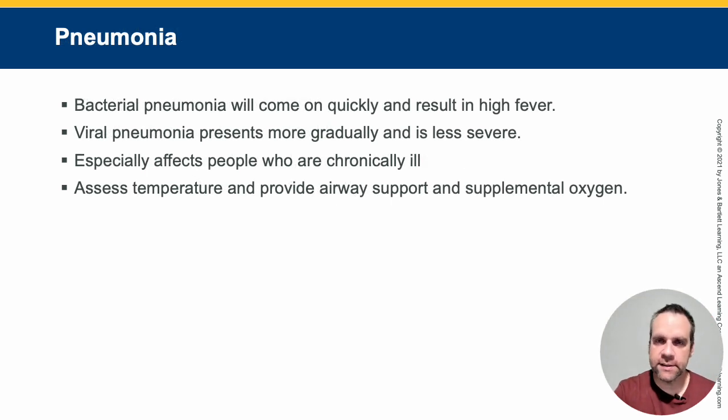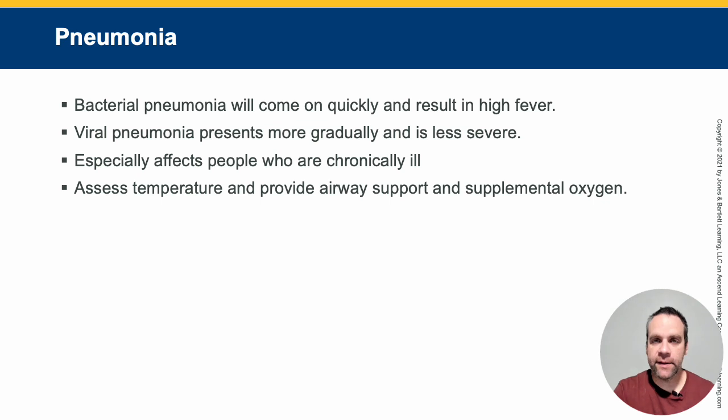Now, pneumonia is really one of the more serious and common respiratory illnesses across pretty much all age groups. Pneumonia is an infection of the lungs that causes the alveoli to fill up with fluid, pus, or cellular debris, and it disrupts the normal exchange of oxygen and carbon dioxide.